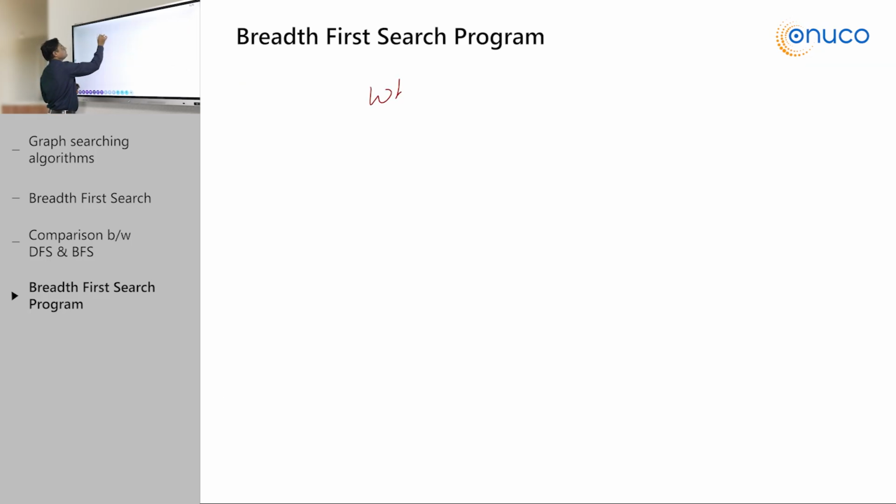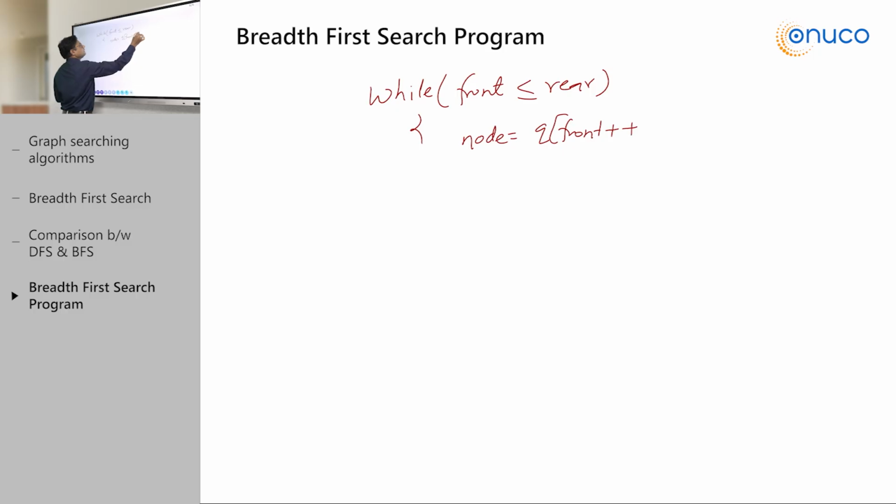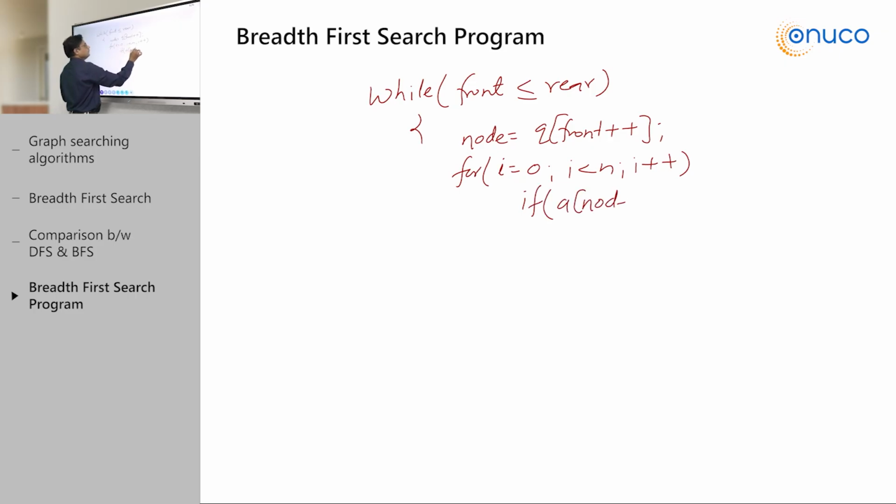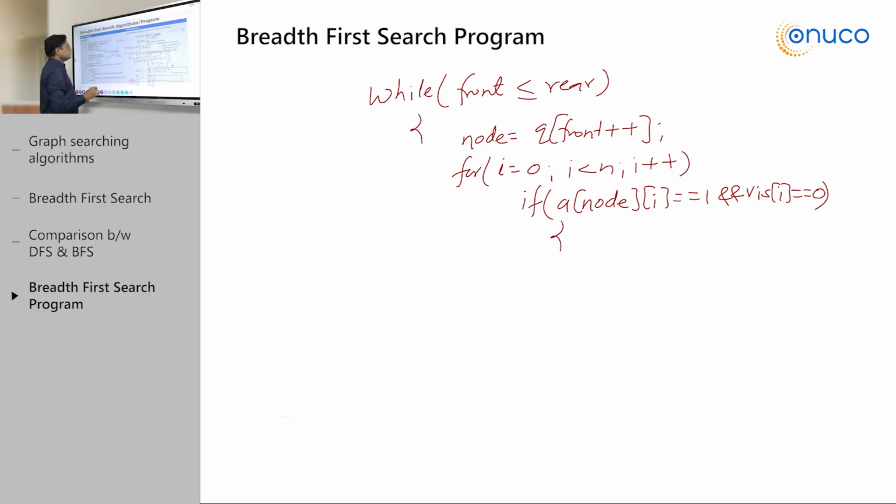Here we have while front less than or equal to rear, and inside we are talking about node is equal to q of front plus plus, and here we are talking about for I is equal to 0, I less than n, I plus plus, if a of node of I is equal to 1, right, and visited of I is equal to 0, then we are going to do these things.